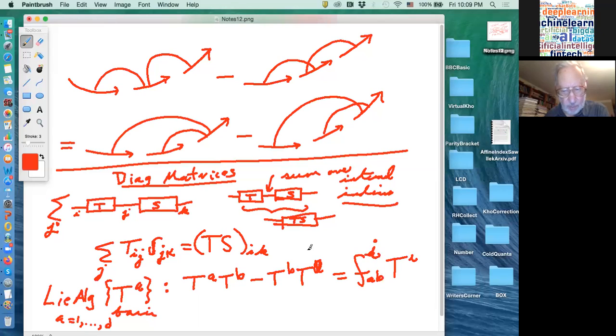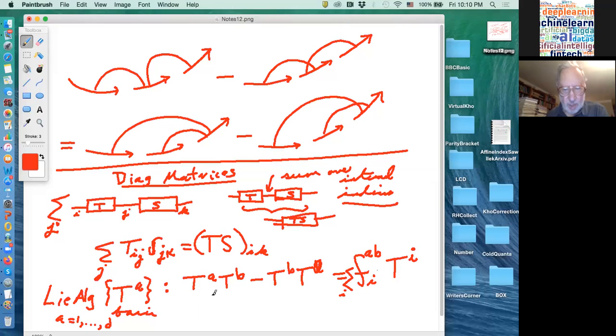Oh, I got my indices backwards. I want a sum between upper and lower here. So I'll label this constant F upper AB lower I, summed on I. And this is going to sum over the basis.